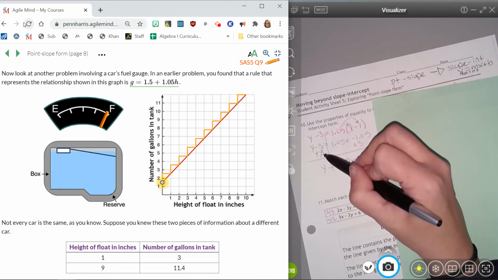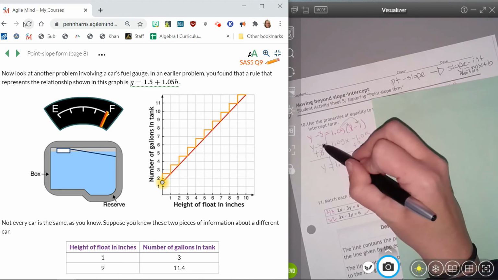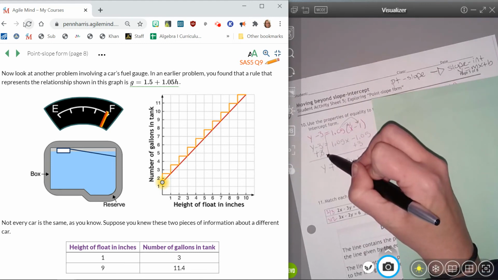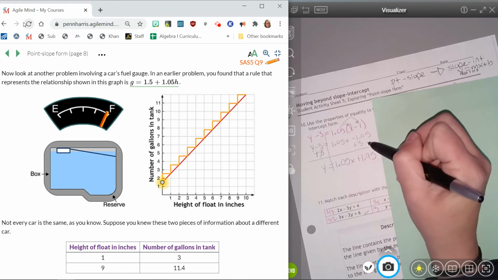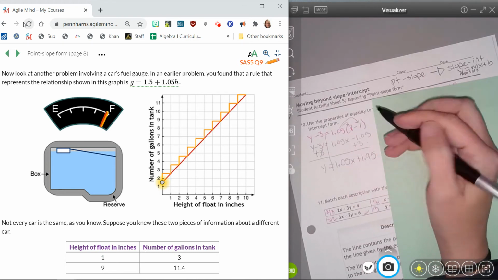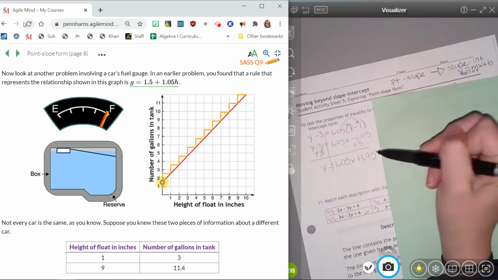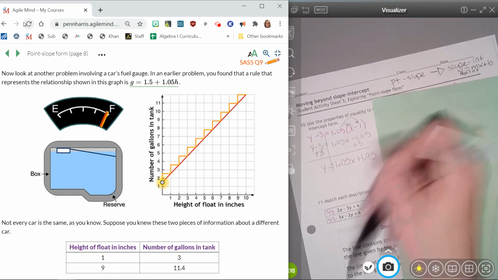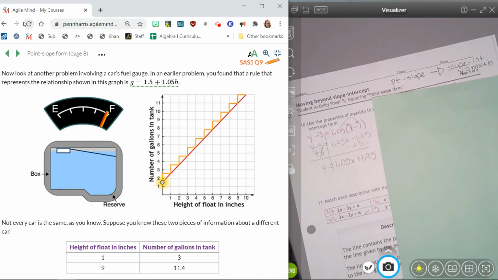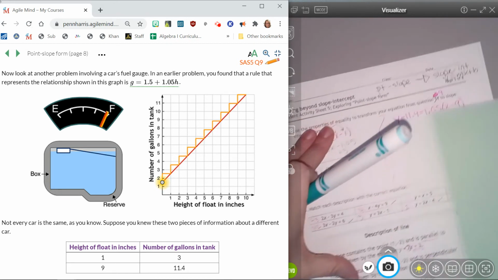Then I need to get the y by itself by moving that minus 3. To get rid of a minus 3, I add 3 to both sides. So with this, I get y equals 1.05x plus 1.95. Let's do this now on this one.